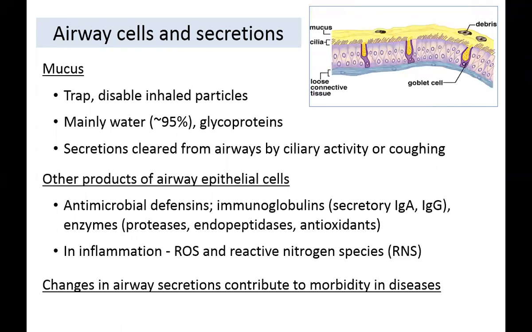In inflammatory conditions, there's upregulation of production of ROS and of reactive nitrogen species as well. And we'll talk more about these when we talk about mainly COPD, and changes in airway mucus. Mucus is protective, but there are changes, and this can play into the pathology of some of the diseases.